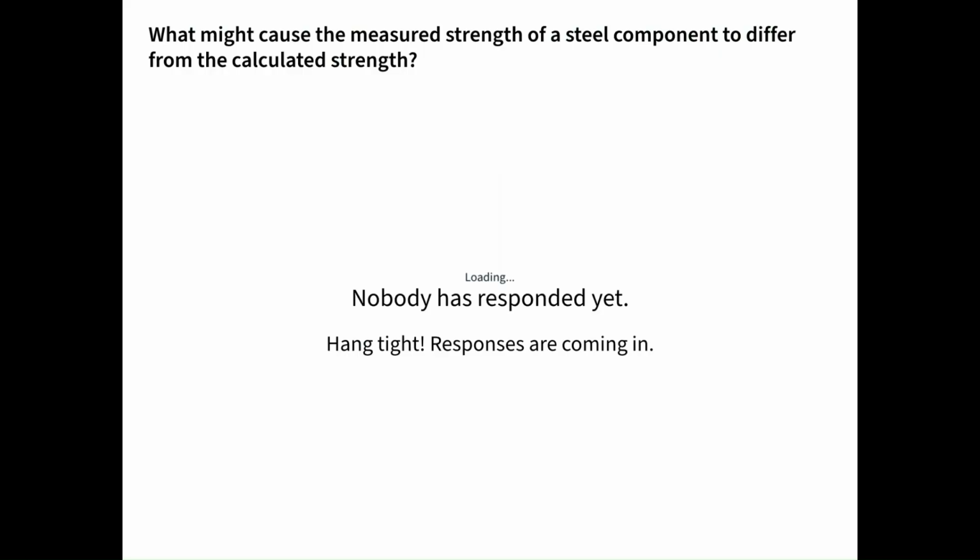Take a few seconds, talk to the person next to you. If you have a friend at home who doesn't want to come to class, you can call them if you want. Take 30 seconds or so, talk about it. What's going to cause the measured strength of this double angle to be different than 875 kilonewtons?